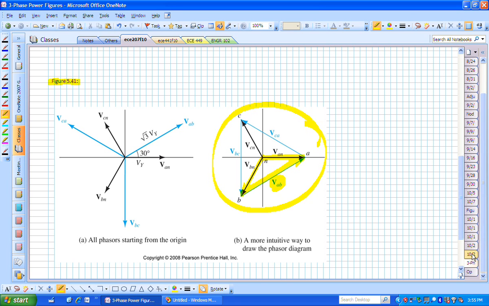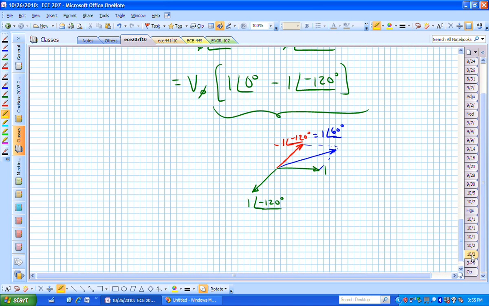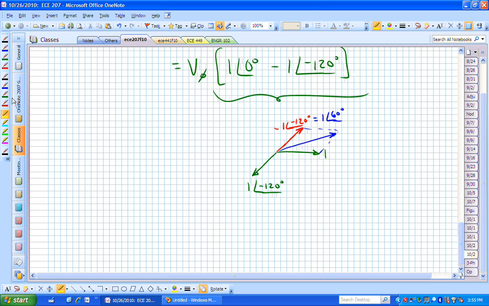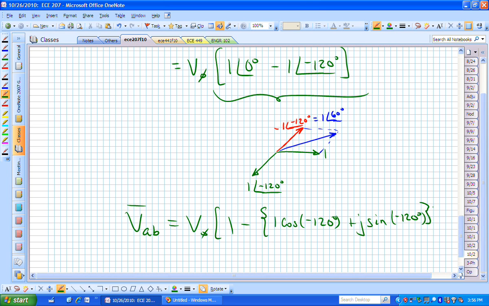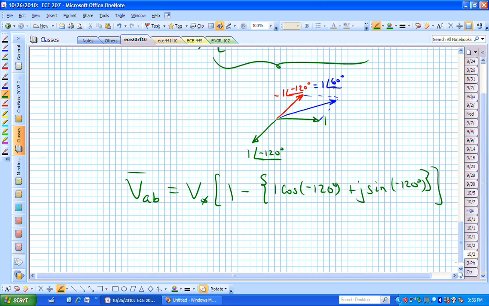If you didn't like doing it analytically, which is to say, oh, V sub AB is V sub phi, and this is 1, and now I'm going to subtract from that 1 times cosine of minus 120 degrees plus j sine of minus 120 degrees. Cosine of minus 120 is the same as cosine of 120.